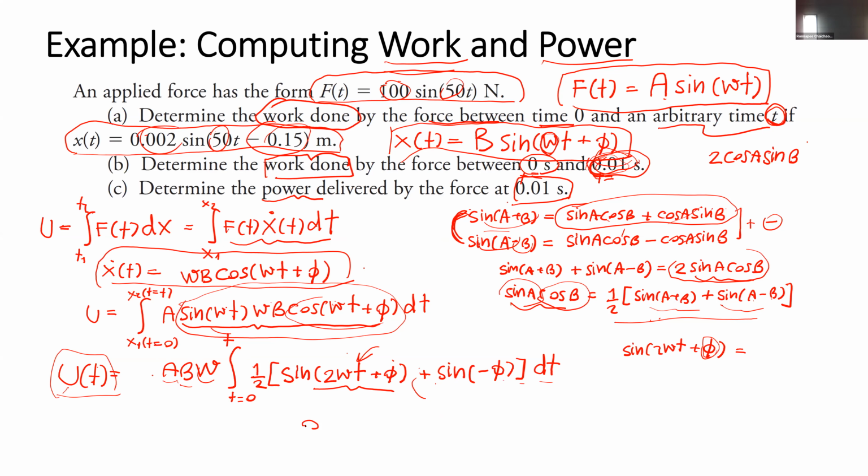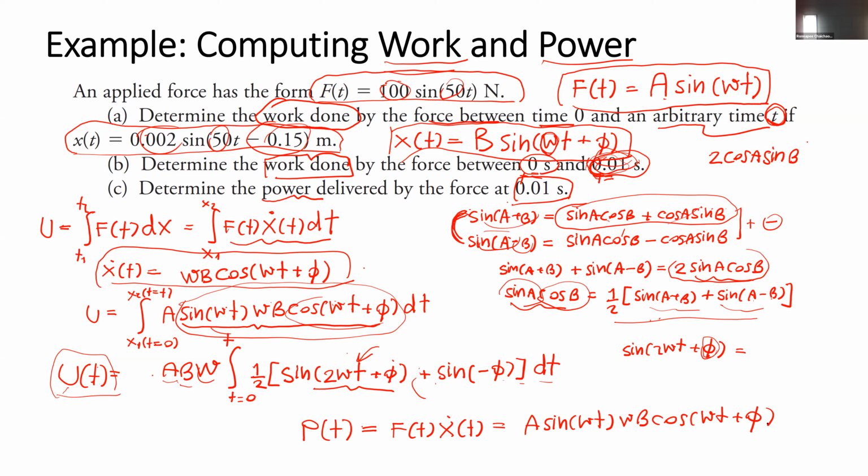So P at any time t is equal to the product of F(t) and x dot(t). So it will equal A sine omega t multiplied by omega B cosine of omega t plus the phase angle.